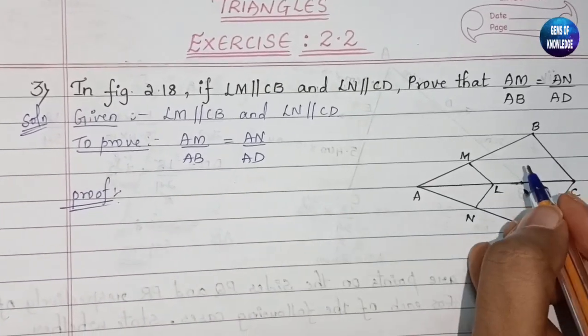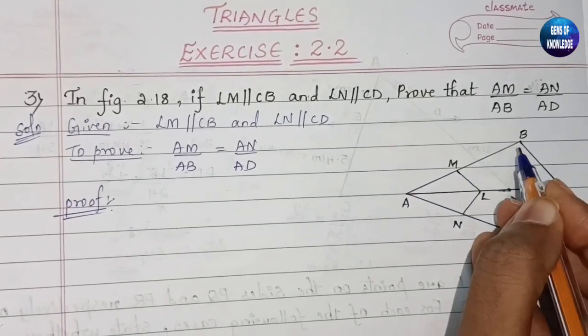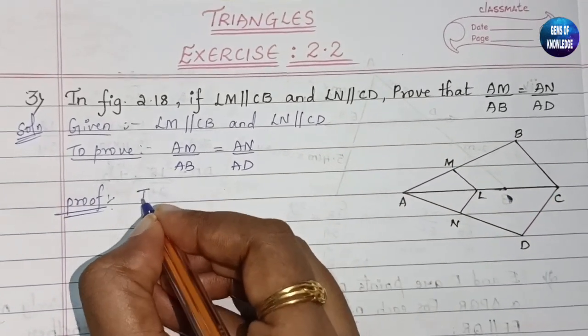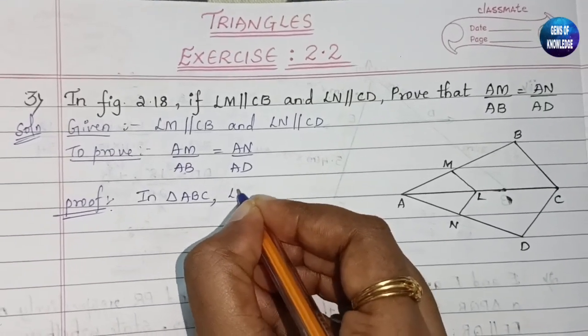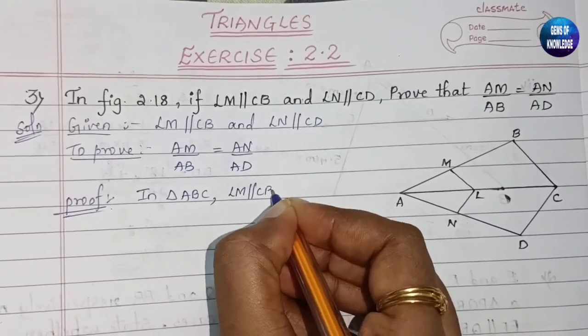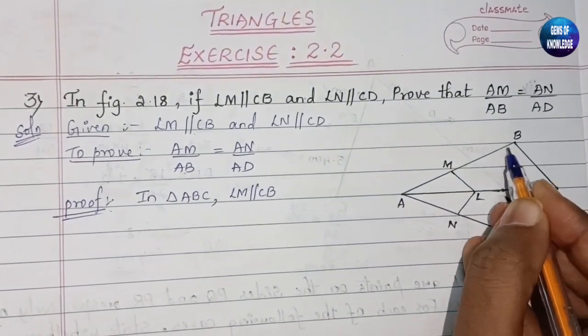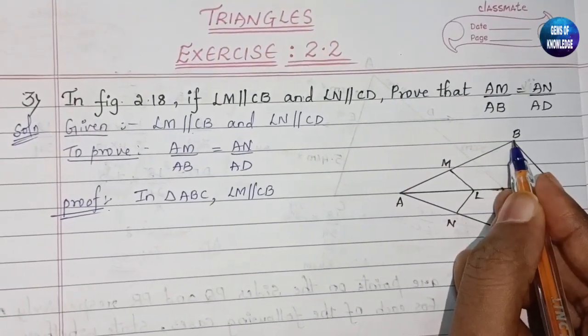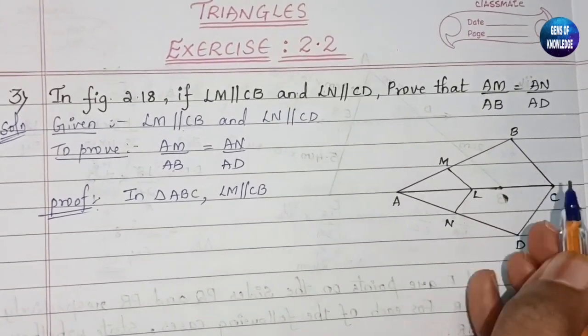So we will consider this triangle first, that is ACB, or ABC you can say. In triangle ABC, we know that LM is parallel to CB already, which is given in the question. So in this upper part triangle, LM is parallel to BC.